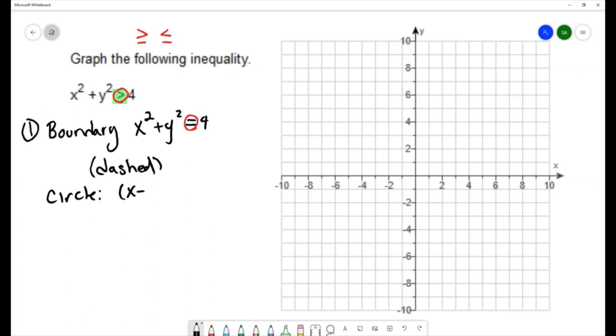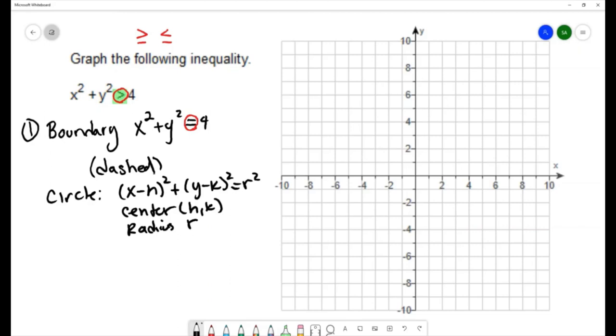I know it's a circle because it fits the pattern of the equation of a circle. The pattern is x minus h squared plus y minus k squared equals r squared, where the center of the circle is (h, k) and the radius is r. So this fits the pattern of the circle. We have x being squared, y being squared, and a constant on the other side.